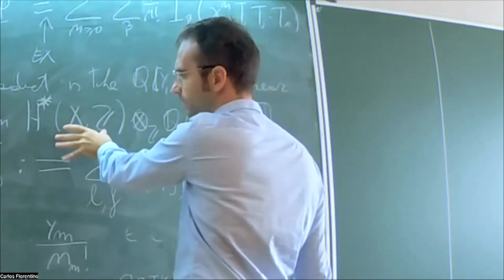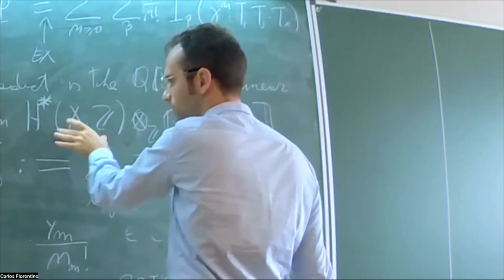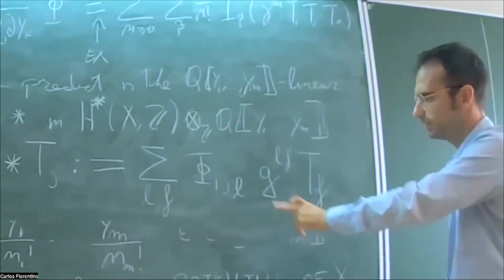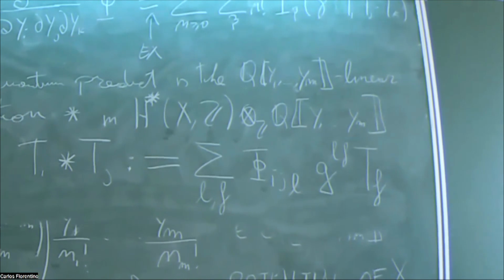So I just need the basis of this. And on the basis of this, the operation is defined like that, where this is the Gromov-Witten potential of X.